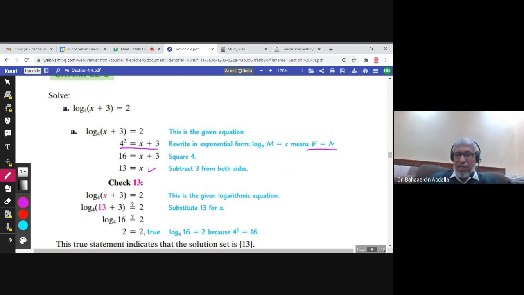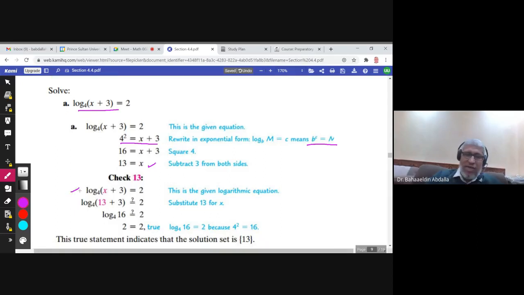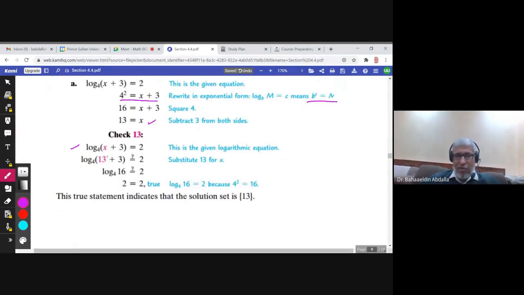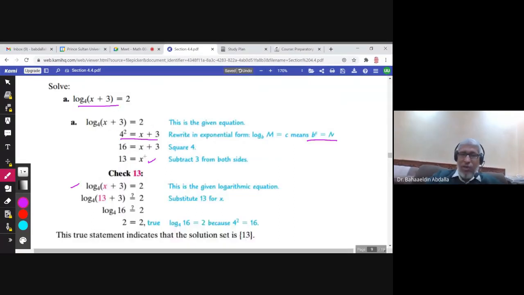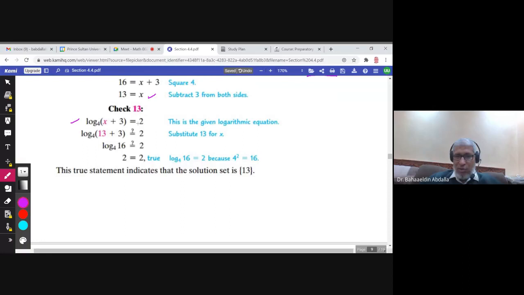You have to check this answer. Now you go to the original equation, which is this one, and you replace x by 13. So you have log 13 plus 3 to the base 4. Is it equal to 2? It should be equal to 2, because the equation says it should be equal to 2.